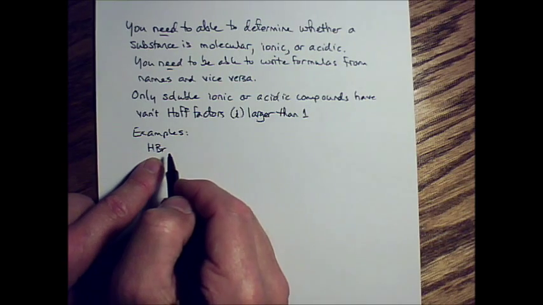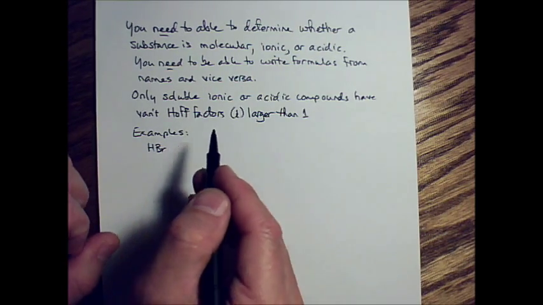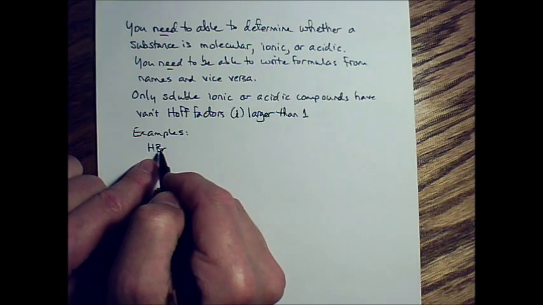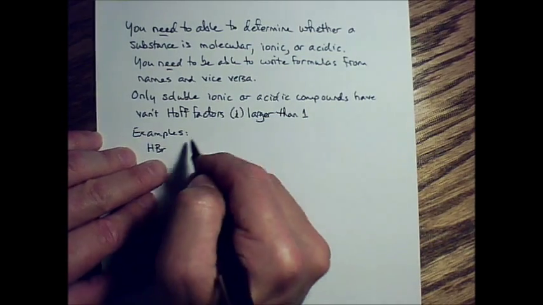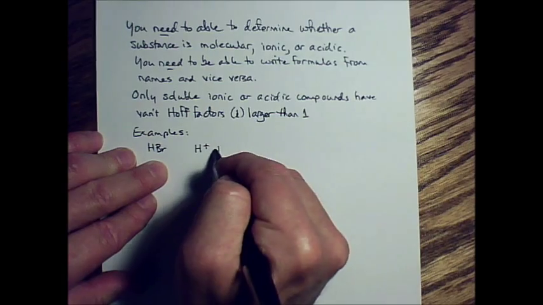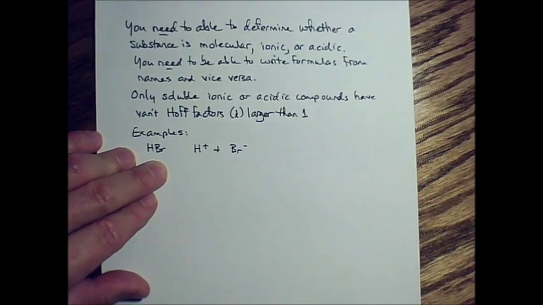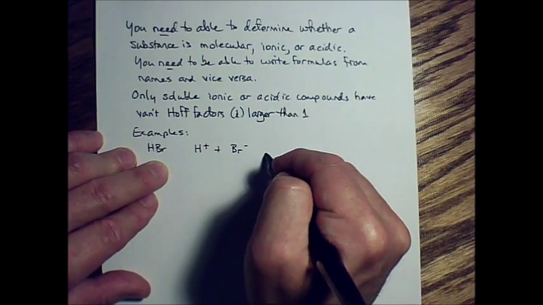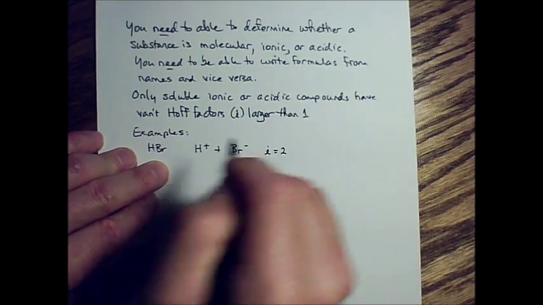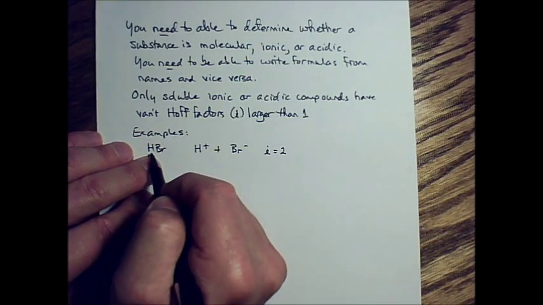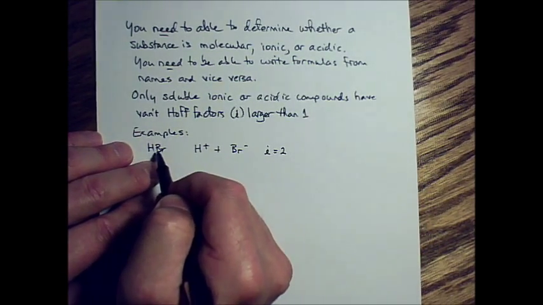Acids do dissociate, break up in water, so this would form a Van't Hoff factor in water of 2. This formula was formed from one hydrogen ion and one bromide ion. That's 2 ionic particles, so i is going to equal 2 here. And you know that it can dissolve and break up because it's acidic.